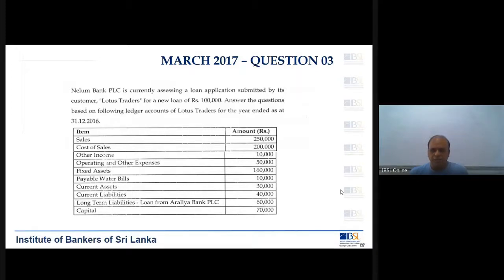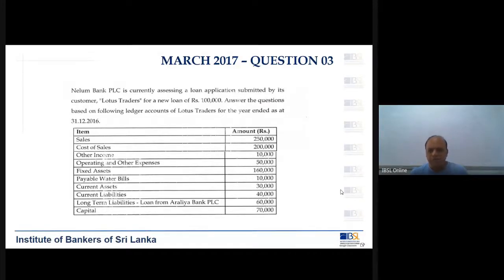Simply what we need to understand is, as I told you when we were doing the trial balance questions, from the list of account balances, you need to identify which class of account each item belongs to. That is sales, cost of sales, other income, operating and other expenses. So likewise, you need to understand which class of account this belongs to.